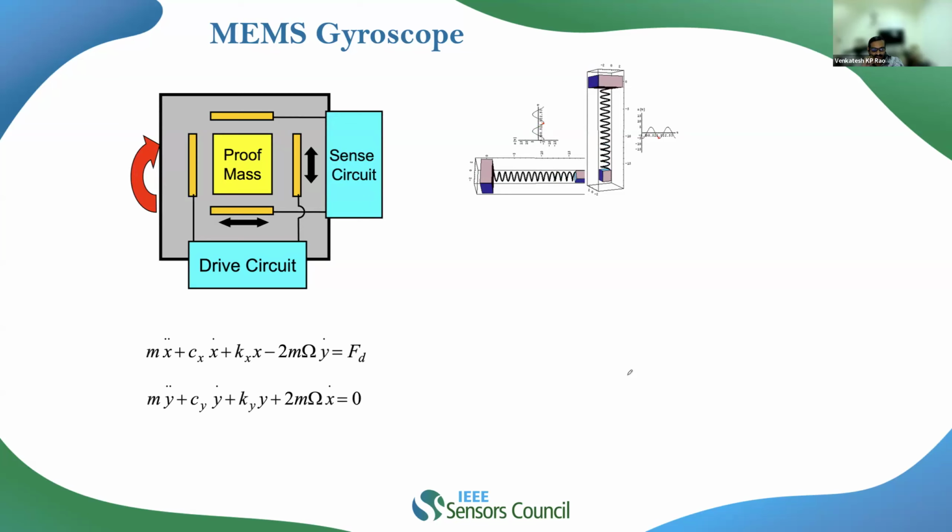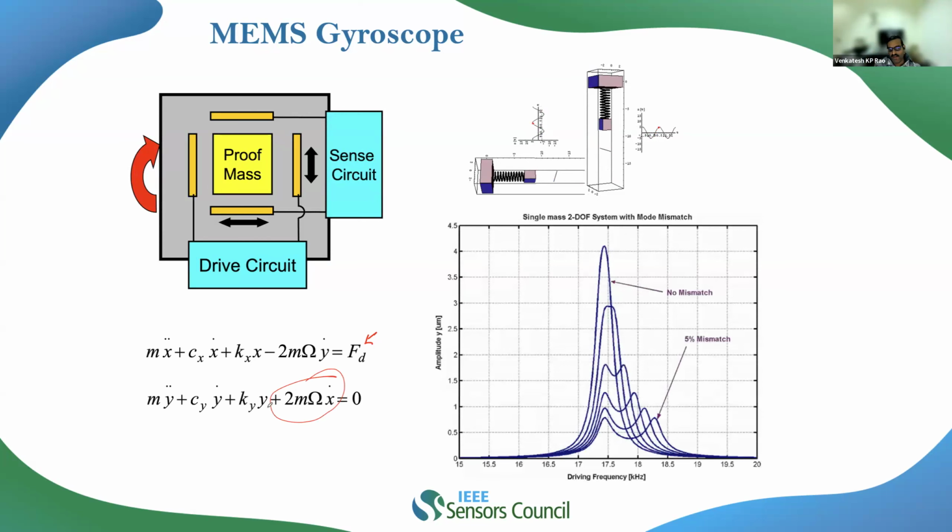Now, these are the governing differential equations of motion. This is in the drive direction, and this comes along the sense direction. And here, if you look at the plot, you can see that when there is a perfect match between the drive and sense mode frequencies, we get a large amplitude vibration in the sense direction.